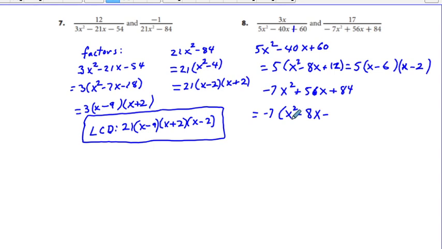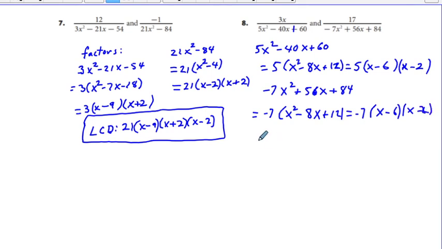Should be plus 84. Yeah, it's going to be plus. Should end up being the same. It's 12. So we get negative 7 times x minus 6, quantity x minus 2.